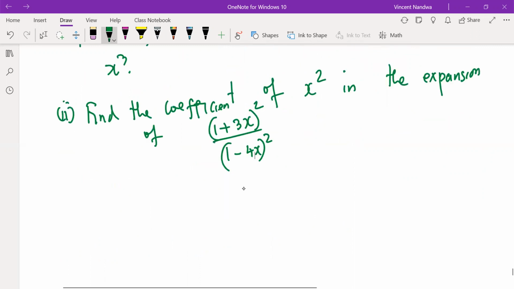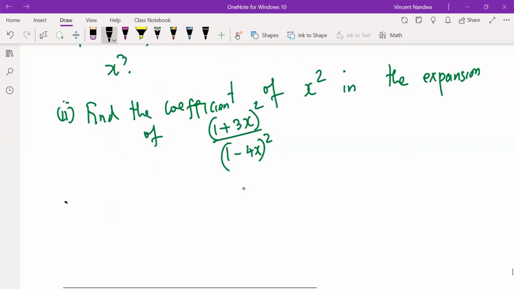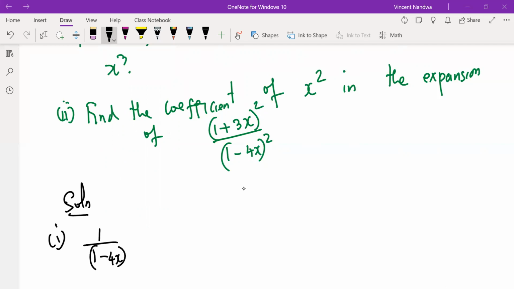So let's start with the first case. So part 1. So 1 over (1 minus 4x) squared is the same as (1 minus 4x) power minus 2.